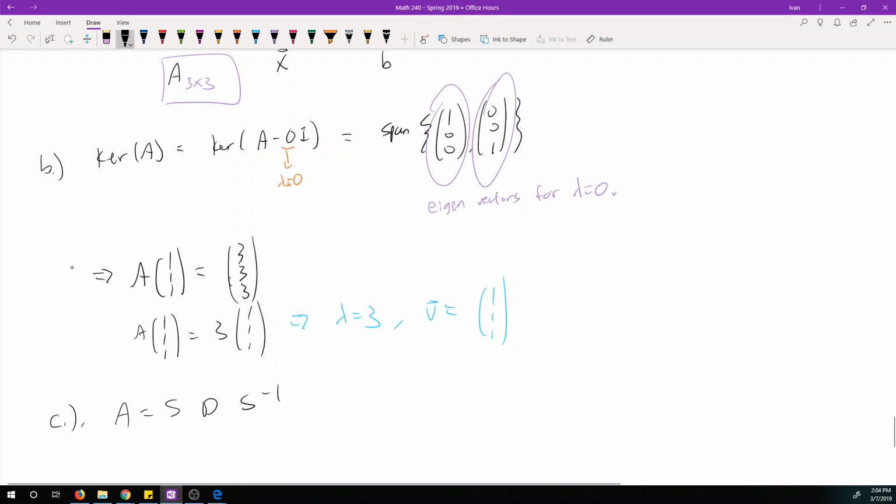So A is equal to SDS inverse. You have your eigenvalues here: 0 with multiplicity 2. This was geometric multiplicity 2, but the algebraic multiplicity is also 2 because we have a different eigenvalue here. Then you can diagonalize your matrix, say A is equal to SDS inverse, multiply that out, and you'll get A. So that's part C.